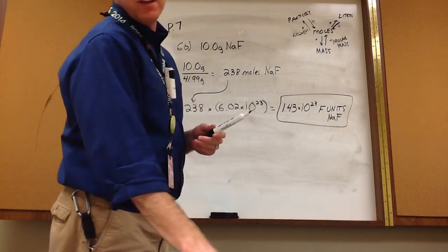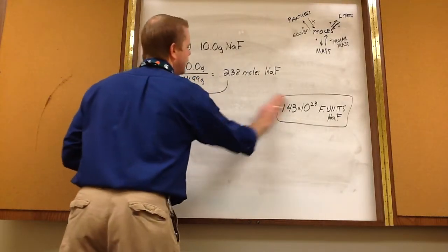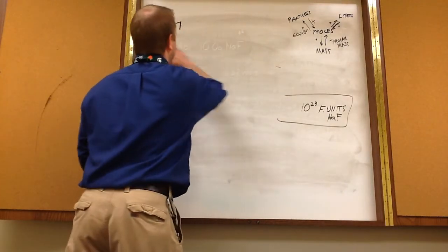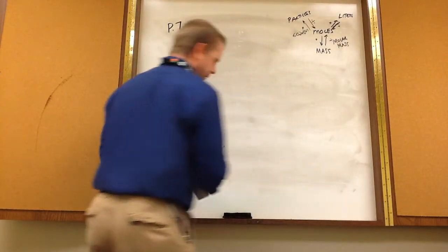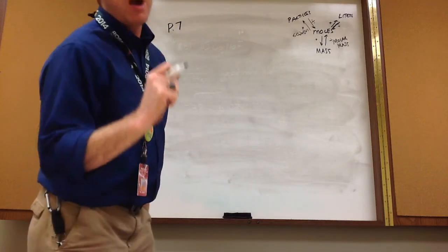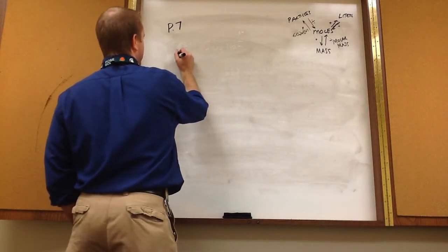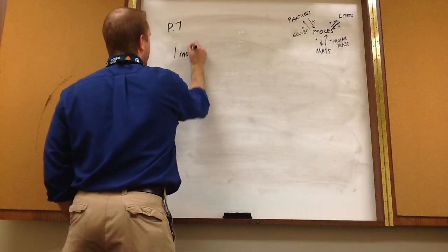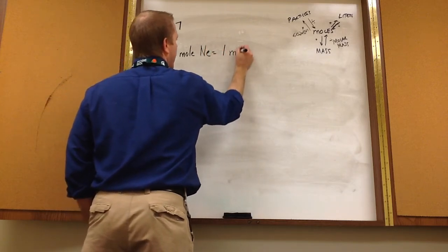Now, number 7 is an interesting question. It's a real thinker. And what you have to do with number 7, I don't want to let the cat out of the bag just yet on it. Meaning, I want you to have to think. But it says, what mass of iron contains the same number of particles as 10 grams of neon? Well, what I'm going to tell you is this, that 1 mole of neon would be equal to 1 mole of iron.